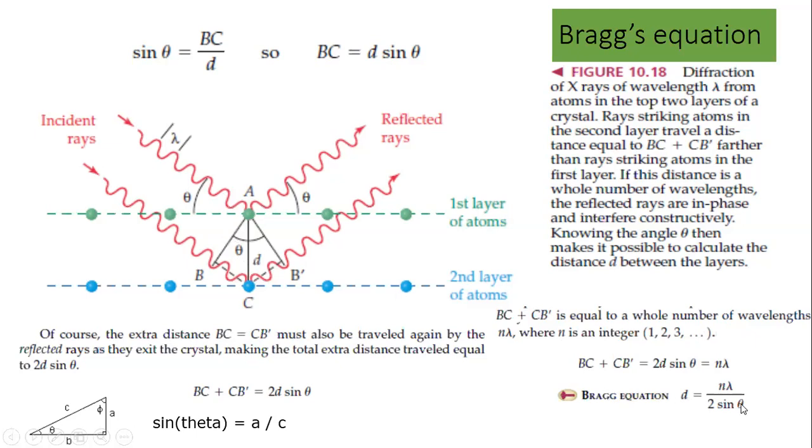If you know theta, you just put in theta and the value of lambda, the wavelength of the X-rays. You can easily calculate the d-spacing, or the distance between the two layers, by using the Bragg equation.